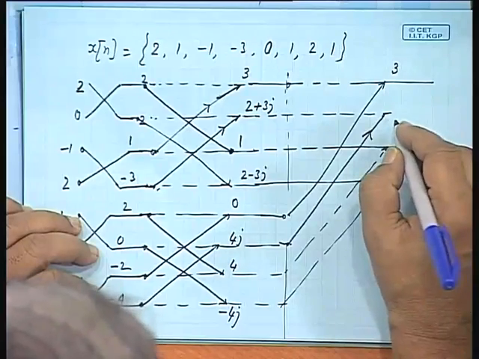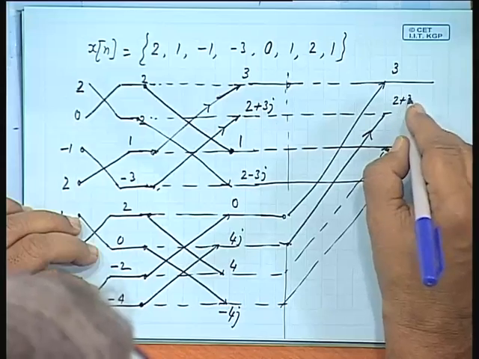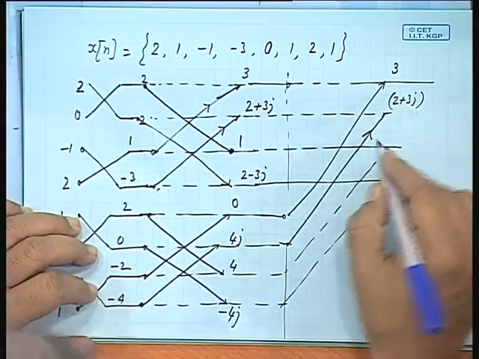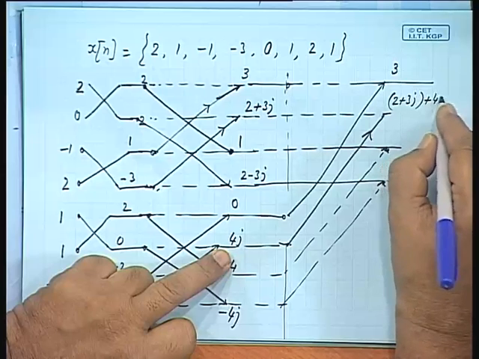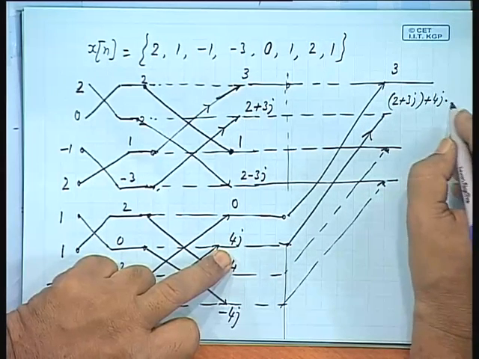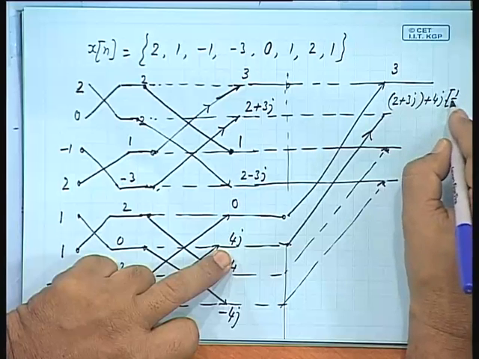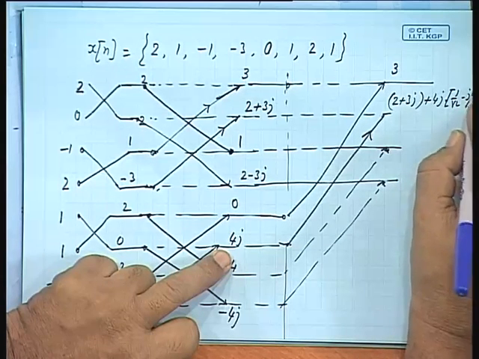So, I will write 2 plus 3j, I leave the computation to you, plus 4j into 1 by root 2 minus j by root 2, okay.